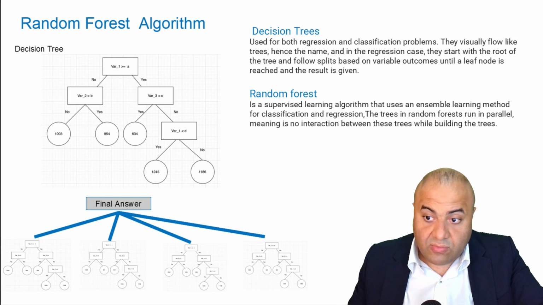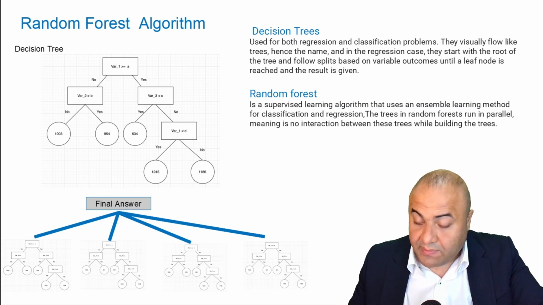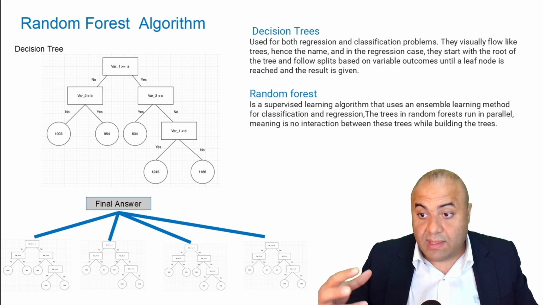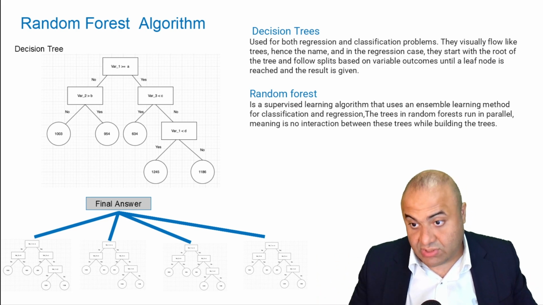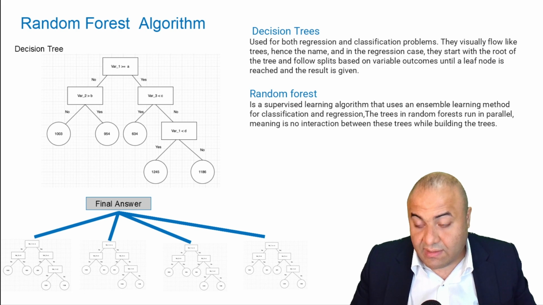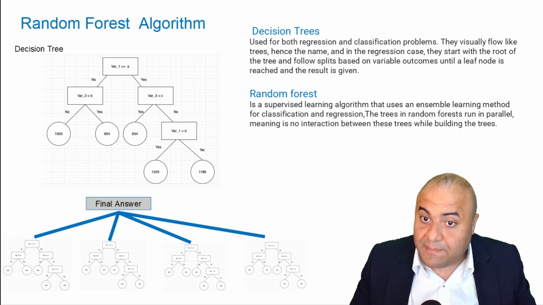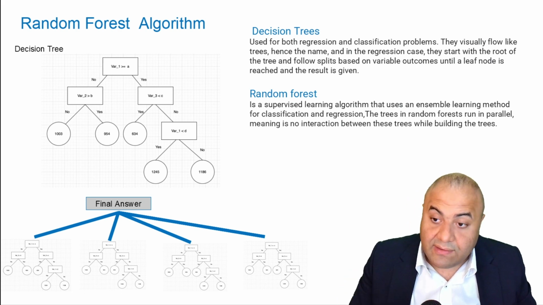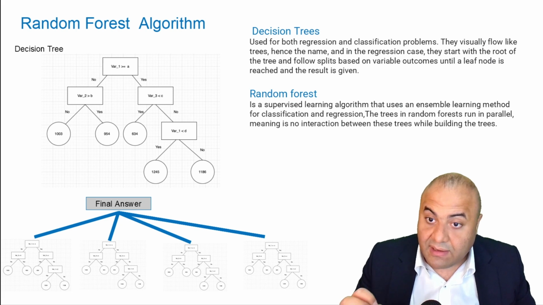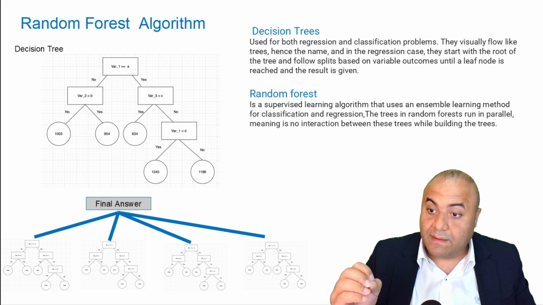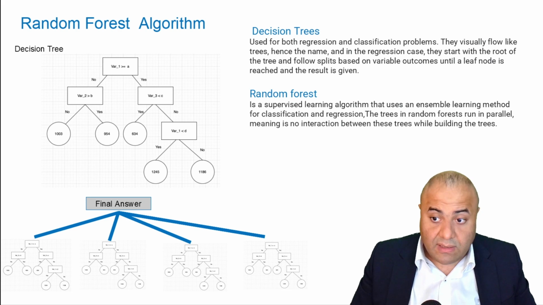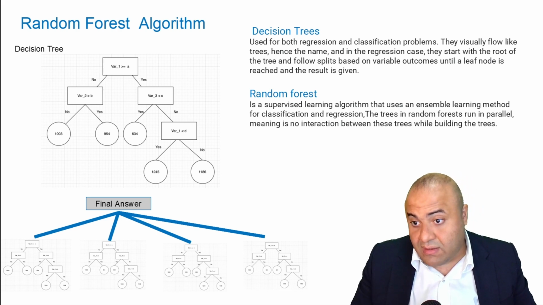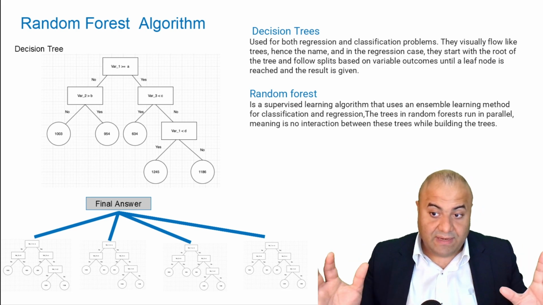The way the random forest works is by having many decision trees. So what is a decision tree? A decision tree is a way to classify our data using the features of our data. So we will have many features.